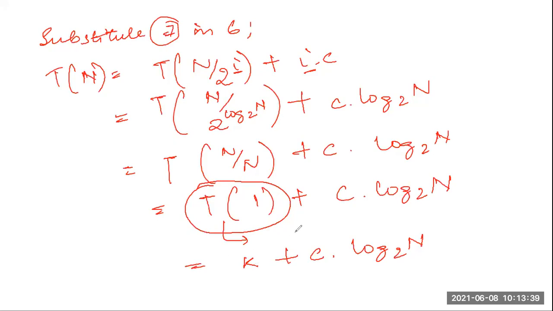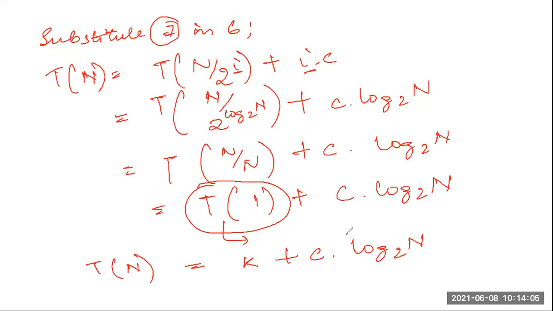Now you tell me, we have always learned that we always represent time complexities in the dominant term which will affect the growth of the algorithm, that is, which involves n. Which is the term which involves n? Ma'am, log base 2n. Right.